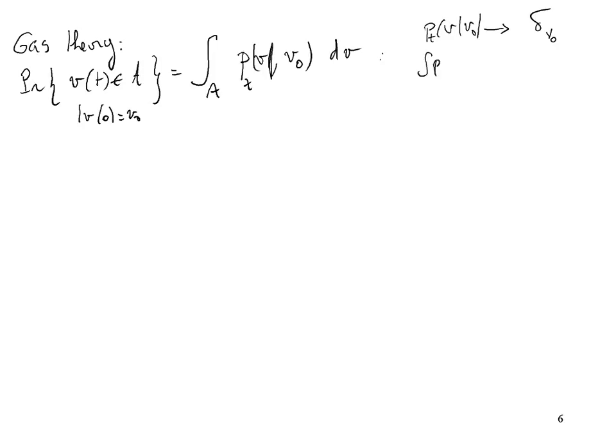So p of t, v0, integrated over the entire space of velocity, which here is just R3, or any space you're interested in, for example omega, equals 1.